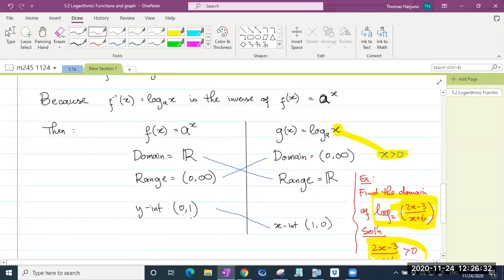So the y-intercept will become the x-intercept (1, 0). That also explains that because the x-intercept does not exist in the basic exponential function, in the logarithmic function there will be no y-intercept either.